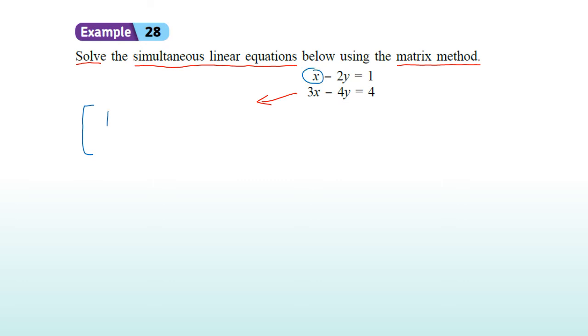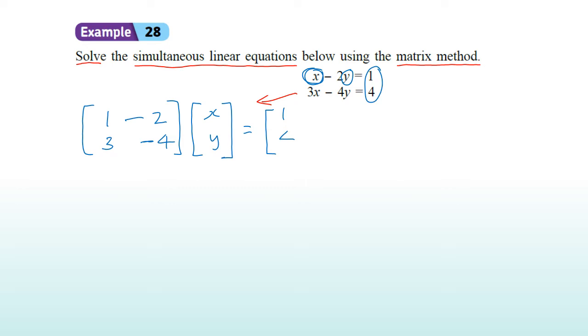Yeah, 1, negative 2, 3, negative 4, and it should be multiplied with X, Y, equal to 1, 4.